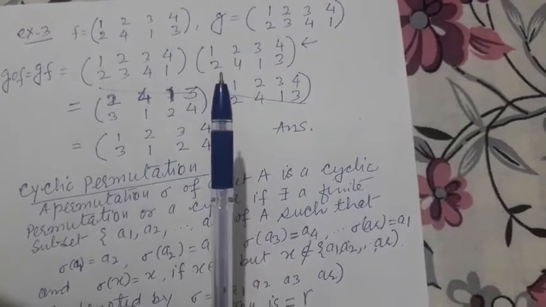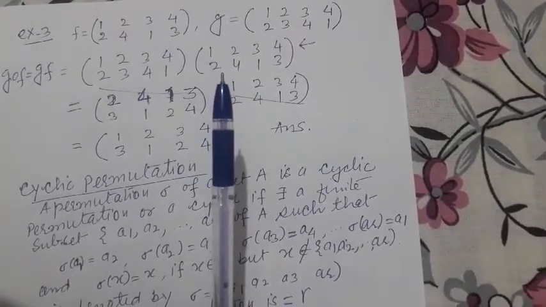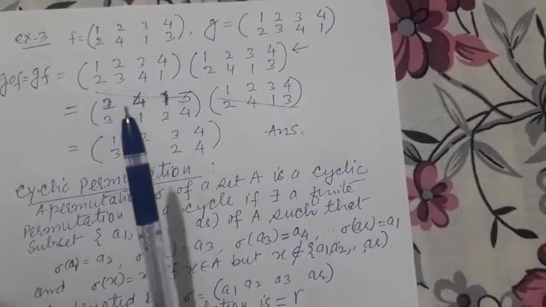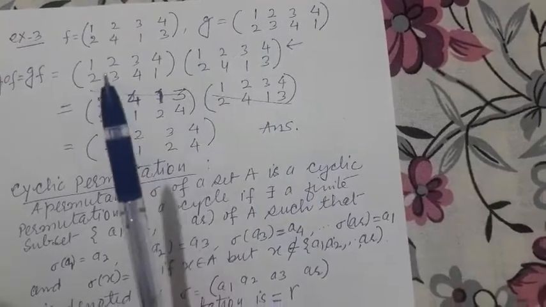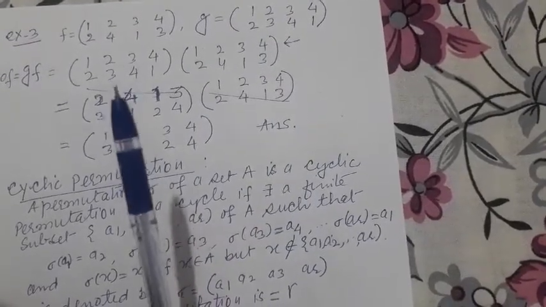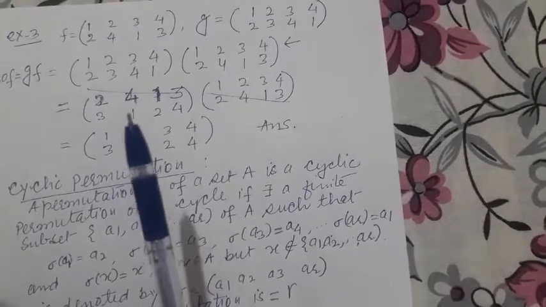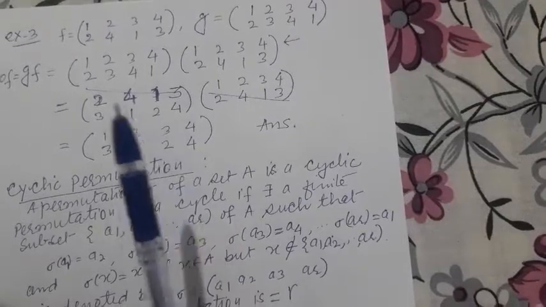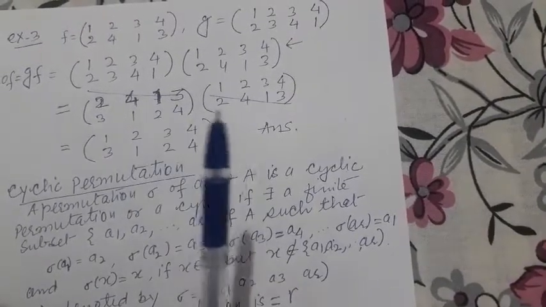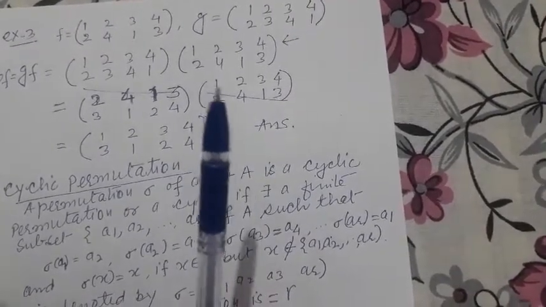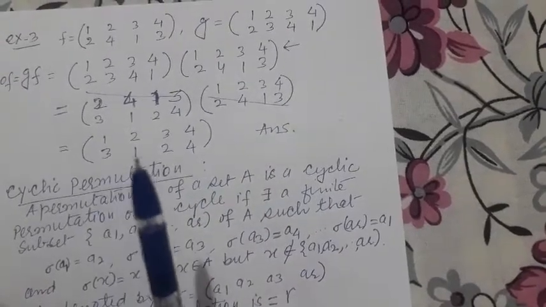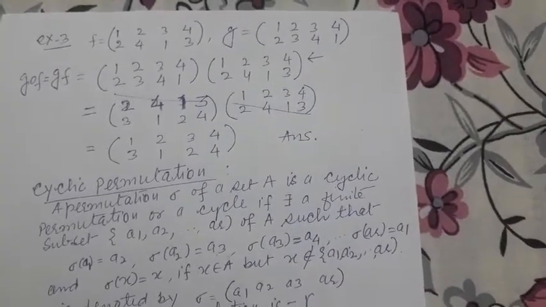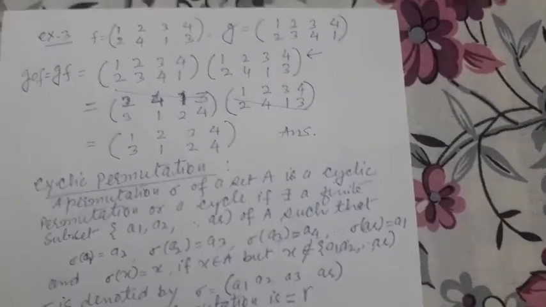Now you see the codomain of f, 2, 4, 1, 3. Write down 2, 4, 1, 3. Image of 2 is 3, image of 4 is 1, image of 1 is 2, and image of 3 is equal to 4. Then these elements and these elements are the same. So 1, 2, 3, 4 and 3, 1, 2, 4.